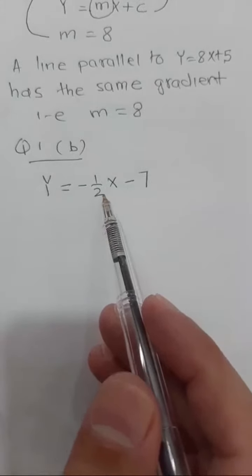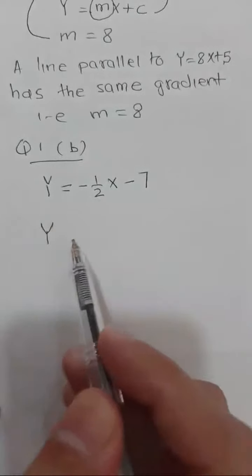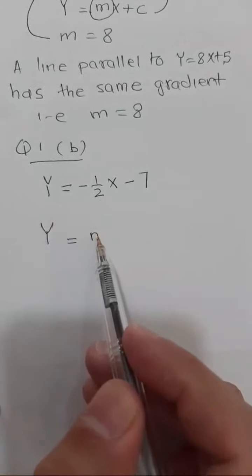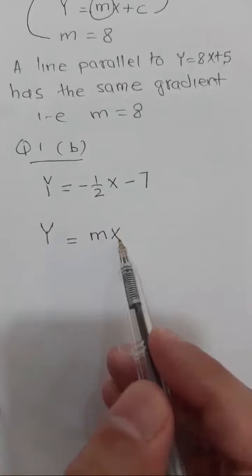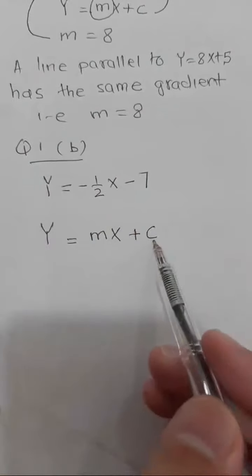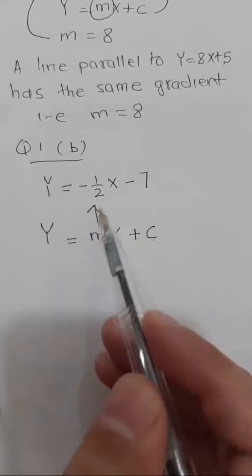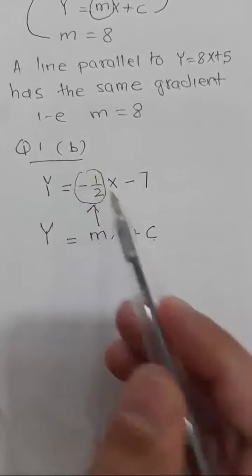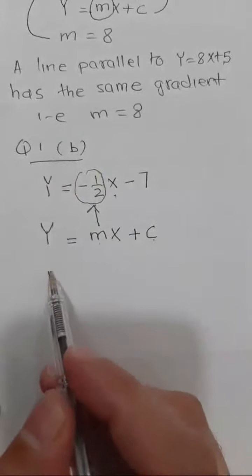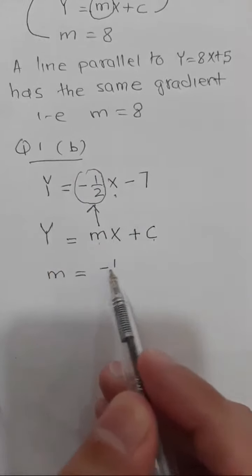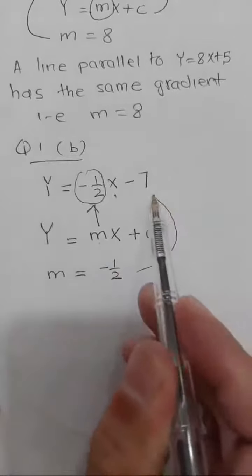So the gradient of this given line, if you compare it with the general form of the equation of a straight line, y is equal to mx plus c, where c is the y-intercept and m is the gradient, is minus 1 by 2 for this line.